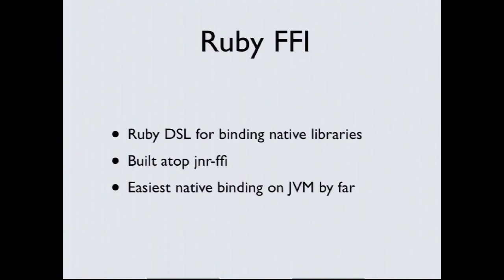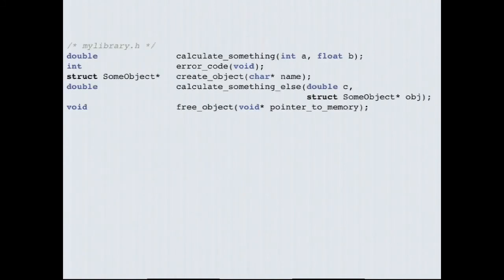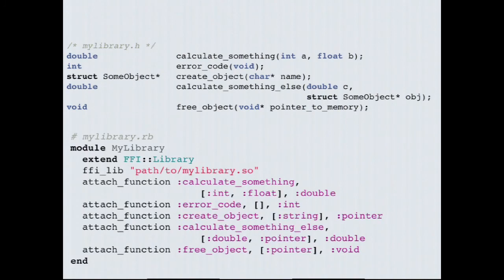Yes, so it's a DSL for binding native libraries, etc., etc. It's by far the prettiest and easiest native binding on the JVM. Here's our little library, a couple basic functions to kind of show different sorts of structures, different sorts of values in and out. And there's the Ruby code for it. This is all that's necessary to bind this particular C library into Ruby code.